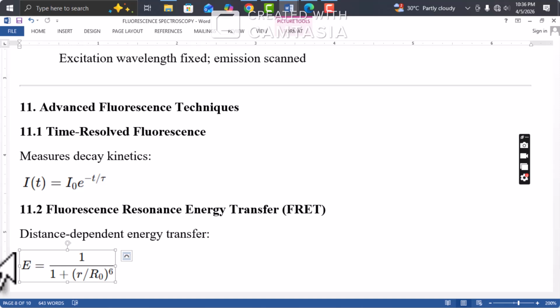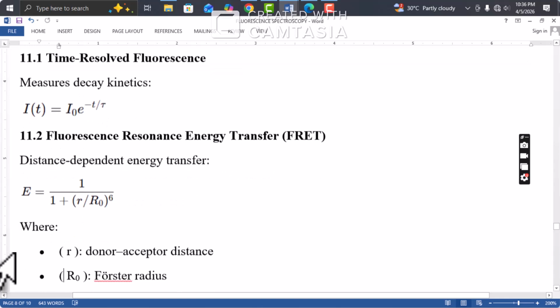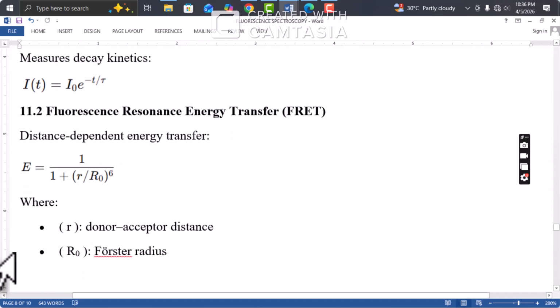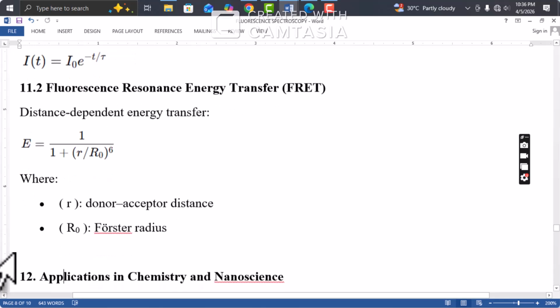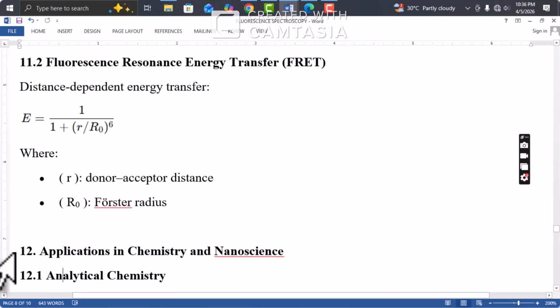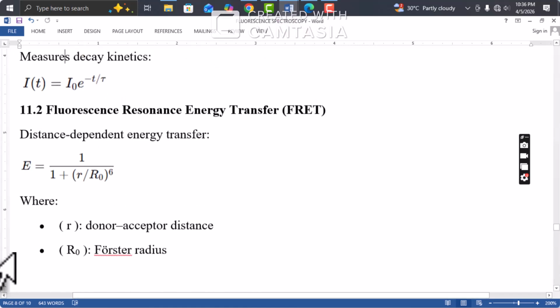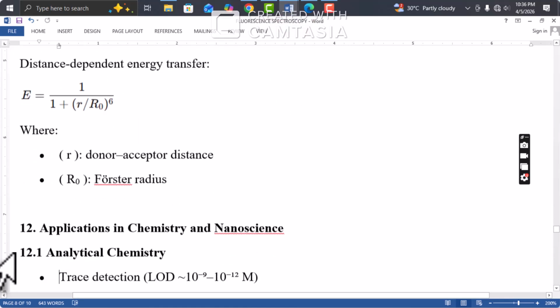Okay. Then we have the fluorescence resonance energy transfer, where we look at distance dependent energy transfer. So these are more advanced fluorescence techniques. Now we move to applications in chemistry and nanoscience.